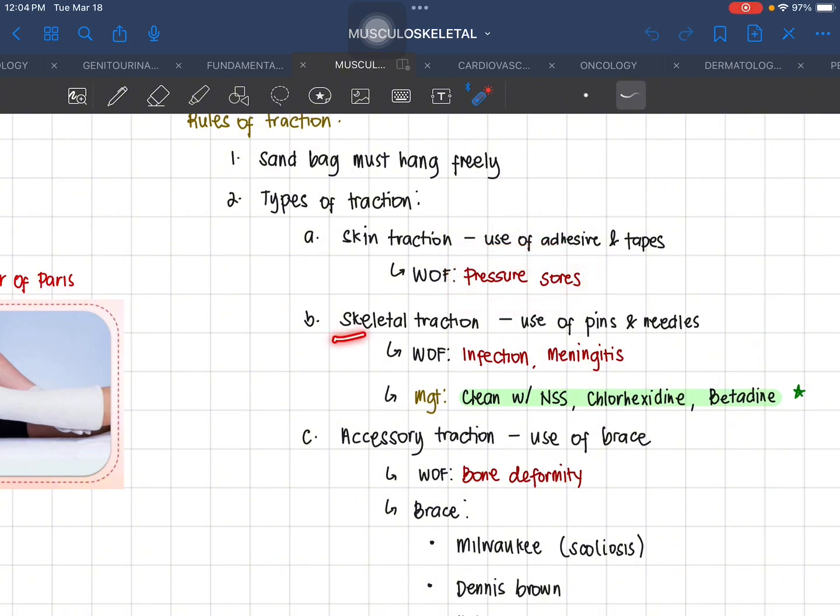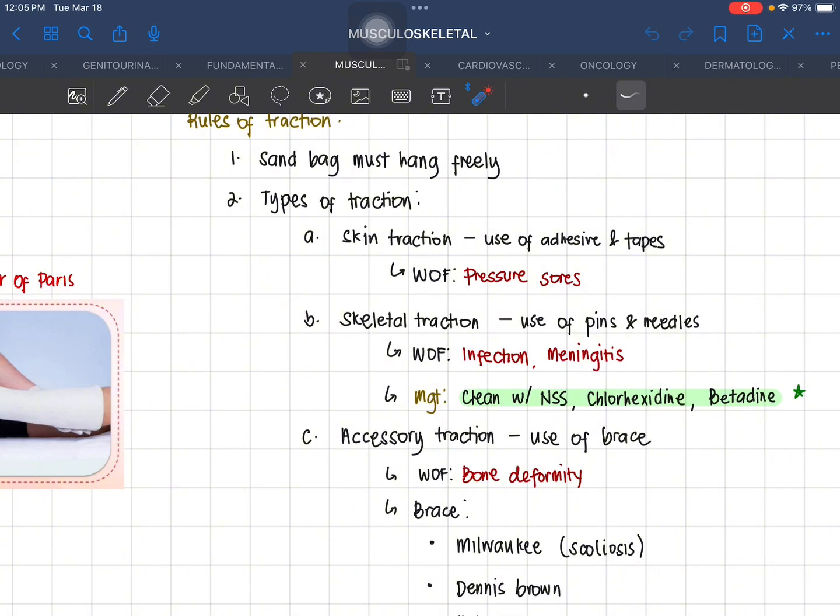Sa skeletal traction naman, gumagamit ng pins and needles. So, watch out for infection, of course, dahil sa pins and needles ang gamit. So, watch out for infections and meningitis. Management is to clean the affected part with NSS, chlorhexidine, or betadine.